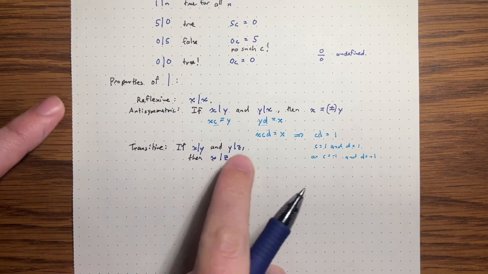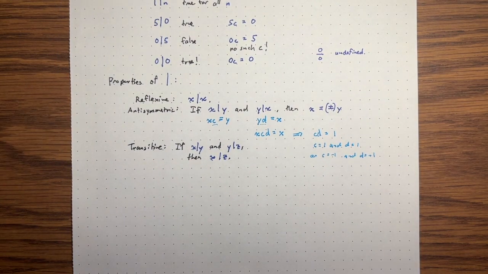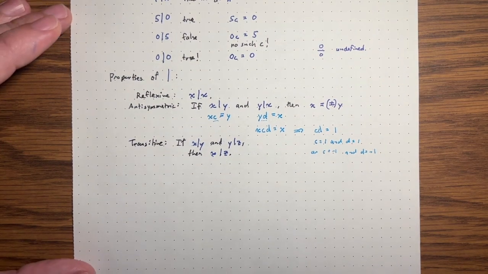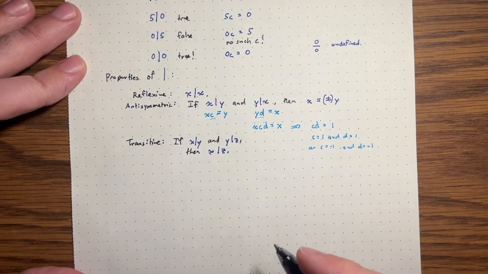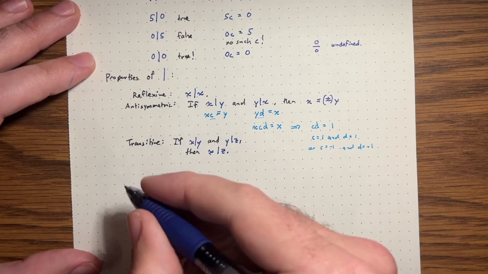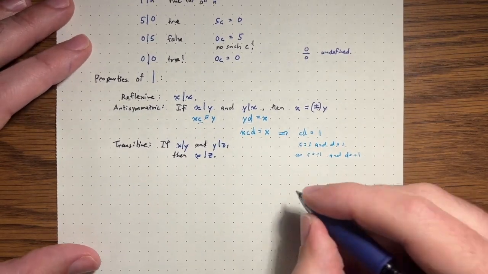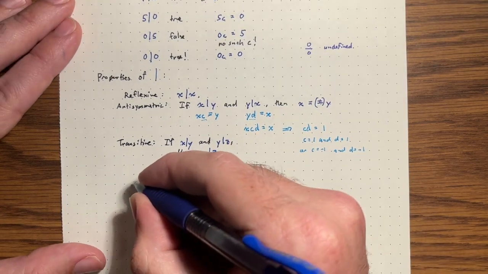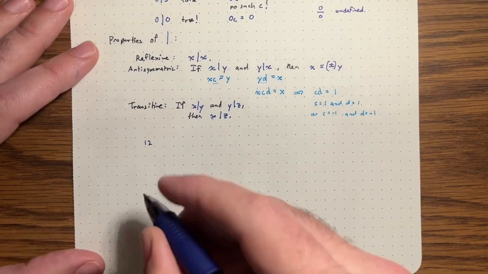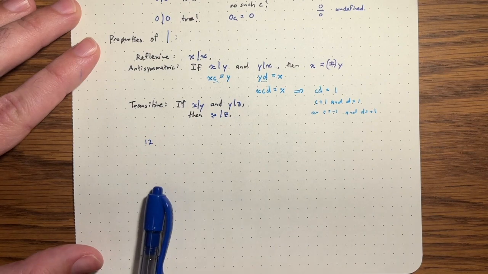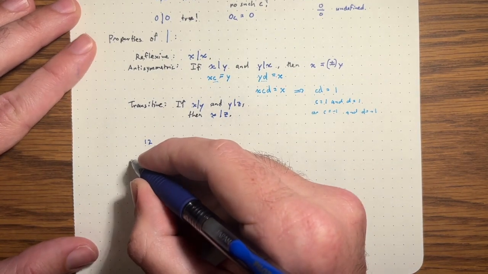Okay, what does this suggest, though? This suggests that divisibility sort of has a structure of a lattice in the integers. So there's a divisibility lattice. I'll just sketch a little bit of that. Let's take the number 12. 12 is divisible by a lot of things.